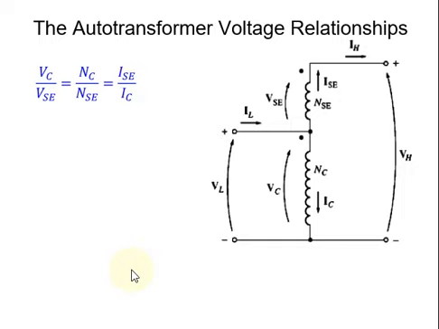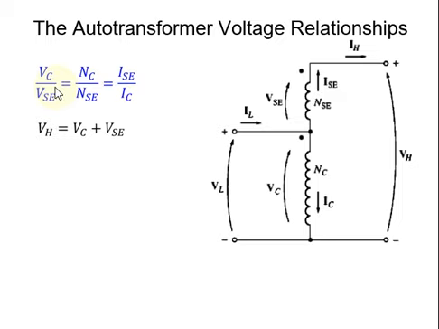By taking the same relationship which we discussed in the previous slide, we have put this relationship in blue color, which shows the relationship between voltage, current, and the number of turns of the primary or common winding and then the series winding.